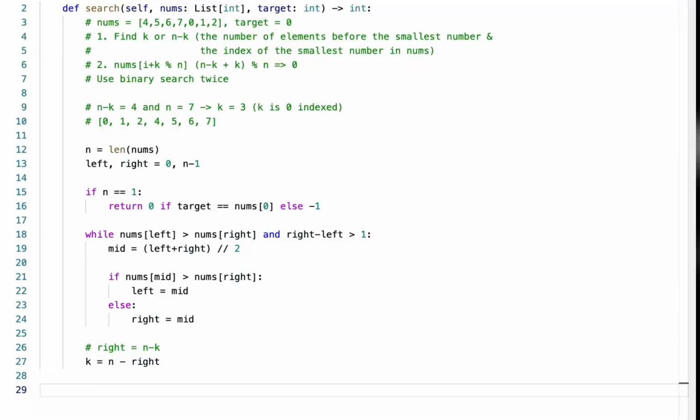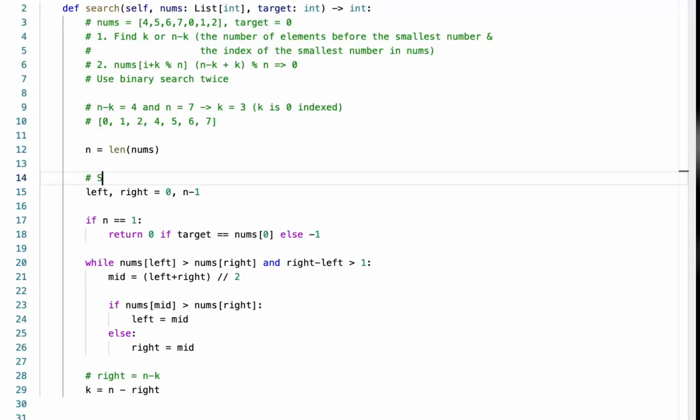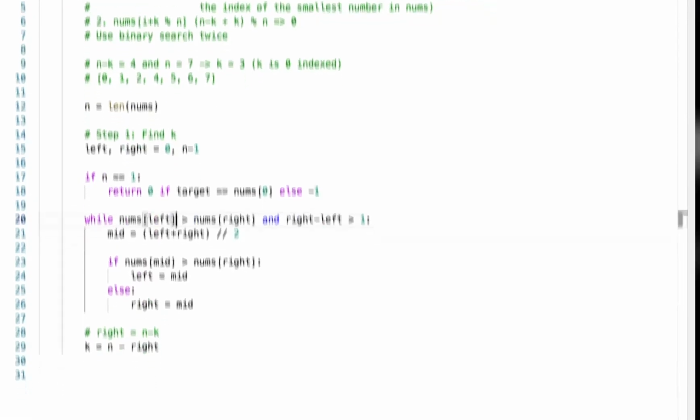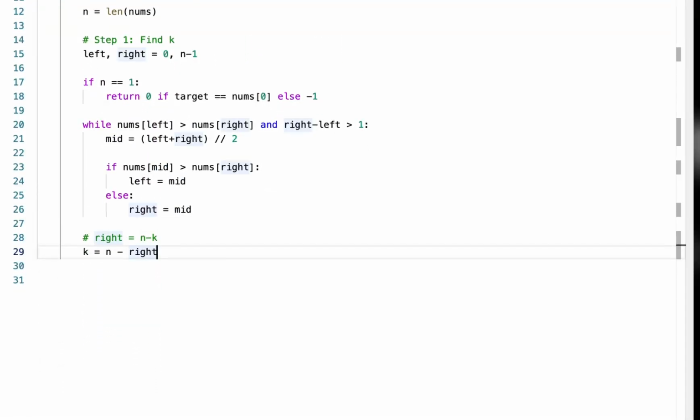Now that we do have this, we can solve the problem by doing the following. So this was step 1: find k. Now that we do have the solution, we can do step 2: find target.